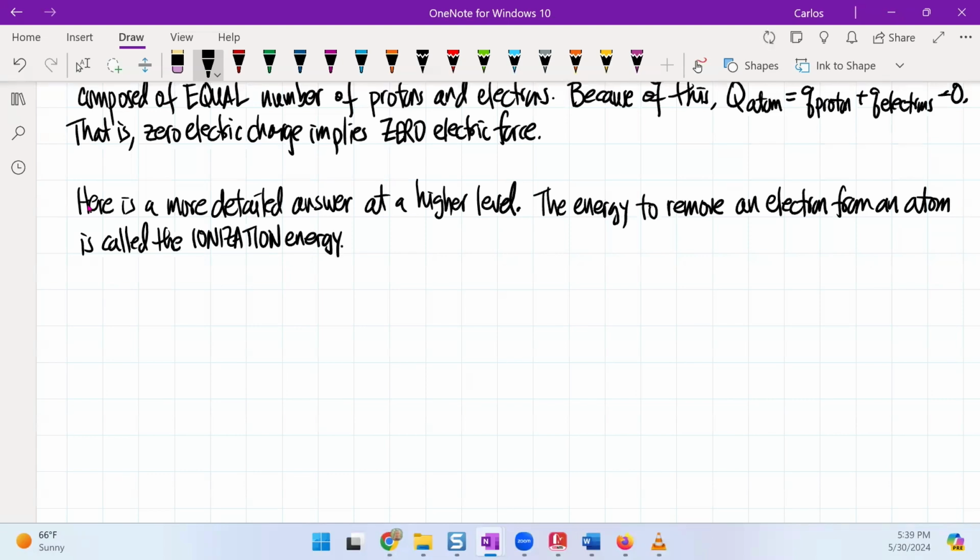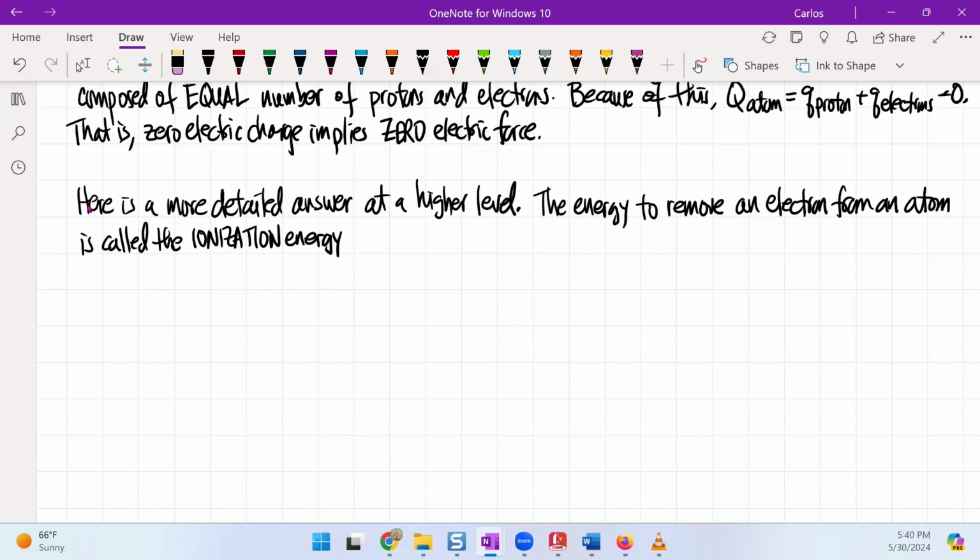But this goes by a lot of names. It could also be called the binding energy. So the work required to overcome the binding energy is the ionization energy. Sometimes you'll hear people say binding energy or ionization energy. They're one and the same.